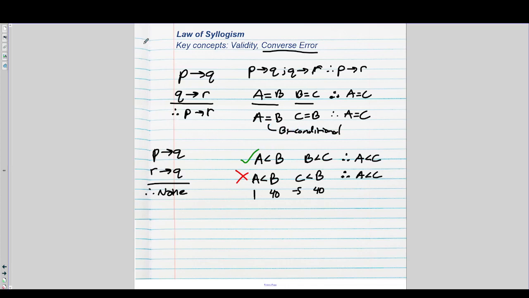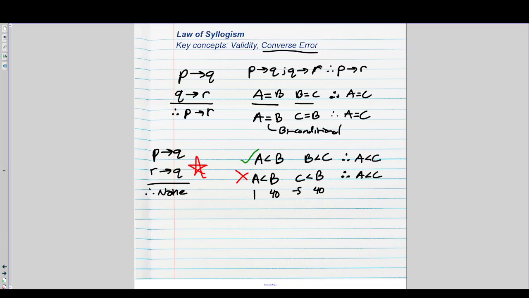But this right here is the most common way that we mess up logic and that we create logical fallacies. So be watchful for it, that the conclusion of the first conditional has to be the hypothesis of the second conditional. That's the only way that it works to chain them together.